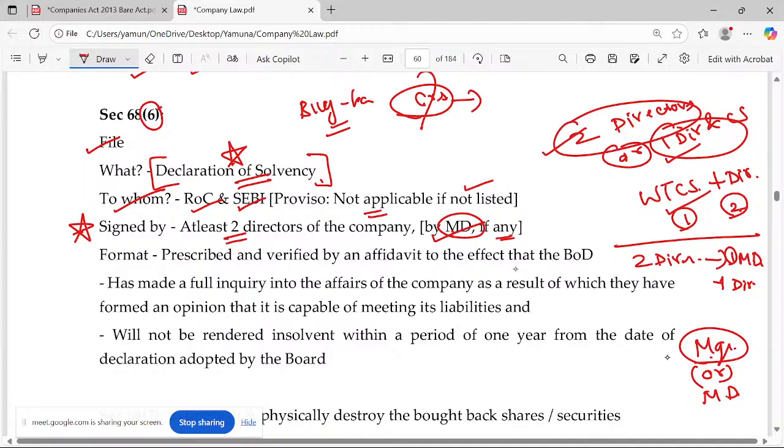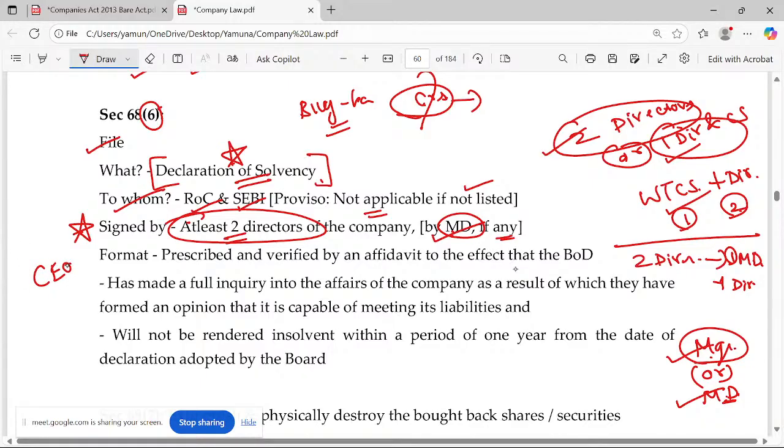But there is a difference in status. A manager is an official who holds office in a company. A managing director holds office as a member of the board of directors, because his name contains director. Now, at least two directors have to sign. Can a manager sign? He's not a director, he's a manager.